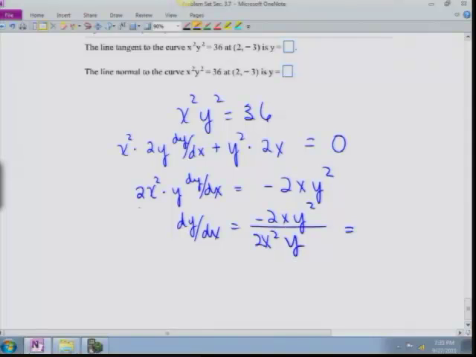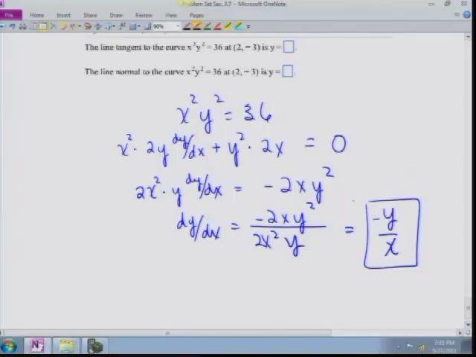Because the first time you don't multiply. x squared times 2y dy/dx. Isn't that the same thing? Oh, yeah. She's already subtracted the others. And then I moved that over there. And so then you do some canceling out, and I think you have negative x over y for the slope. Do we get that?